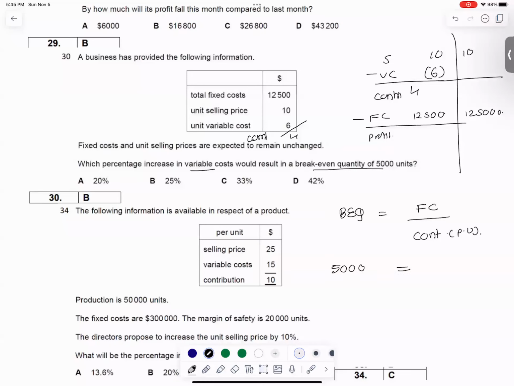Fixed cost is going to remain the same. The fixed cost is going to remain 12,500. So I will get the new contribution per unit over here. So new contribution per unit would be 12,500 divided by 5,000.